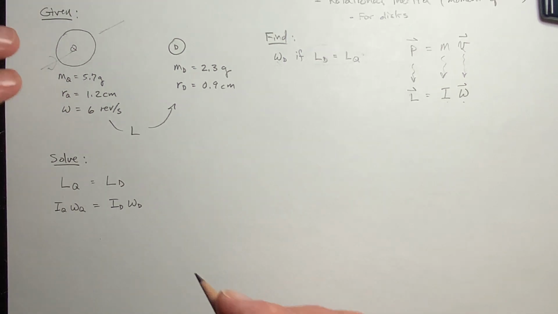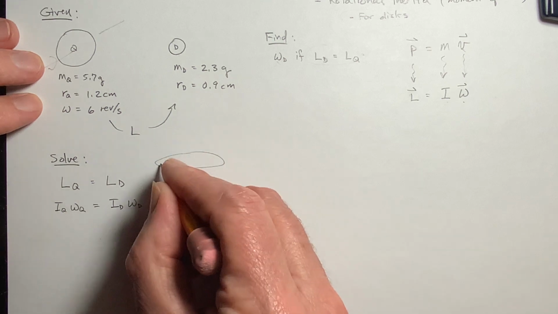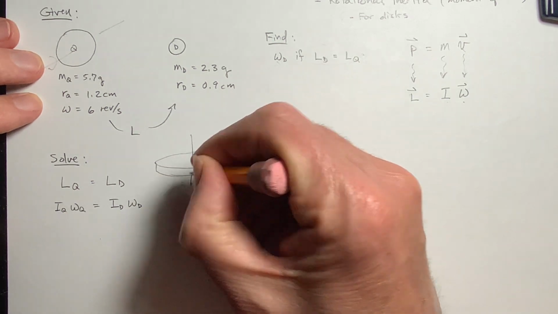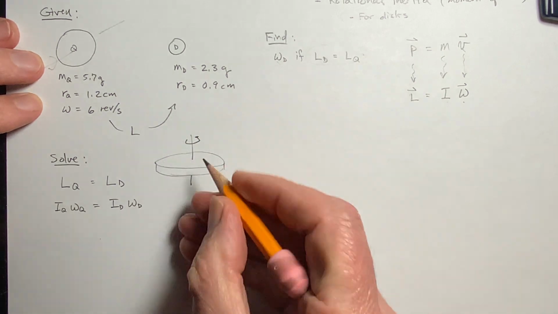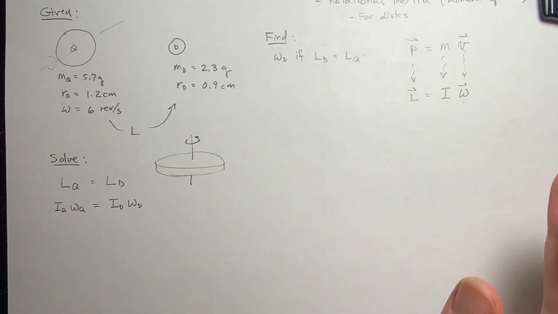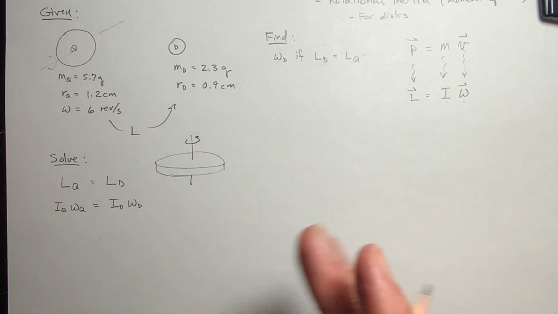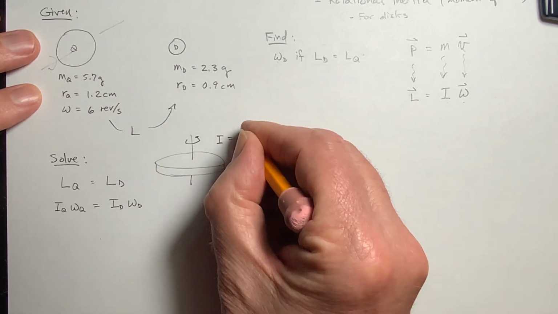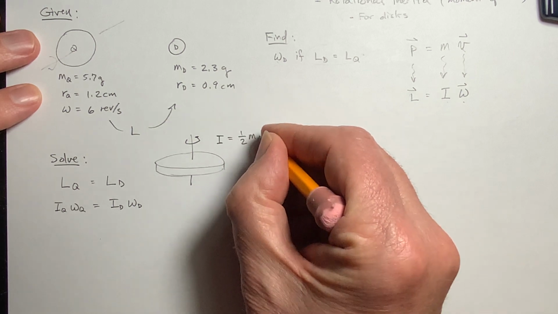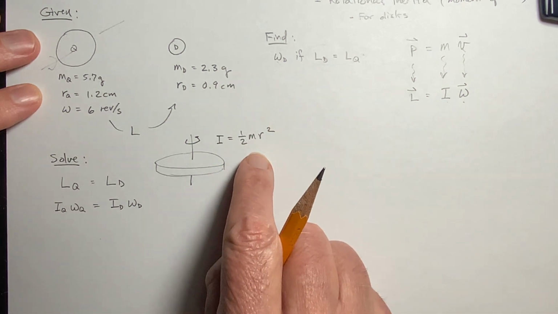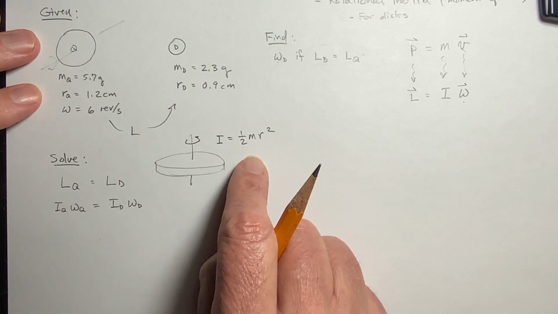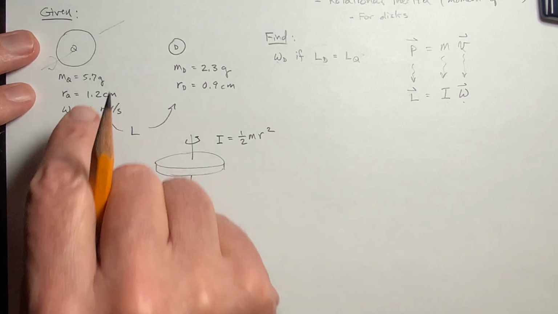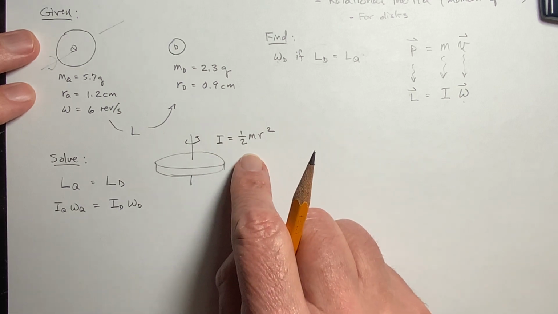But for a disk, if you have any kind of rotating disk or cylinder, and it's rotating about its center, and it's solid all the way through, and it's uniform density and everything's nice and symmetrical, the rotational inertia of this is half the mass of the disk times the radius of the disk squared. And this can be derived using calculus and so on, but for the purposes of this problem, you probably need to just look this up.